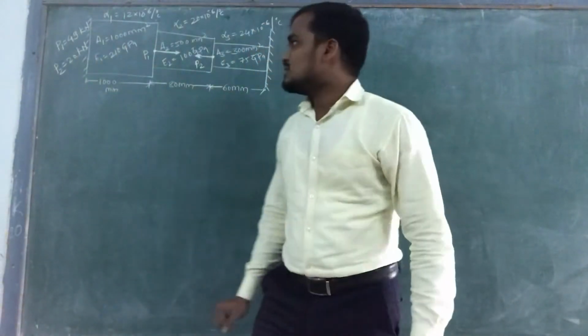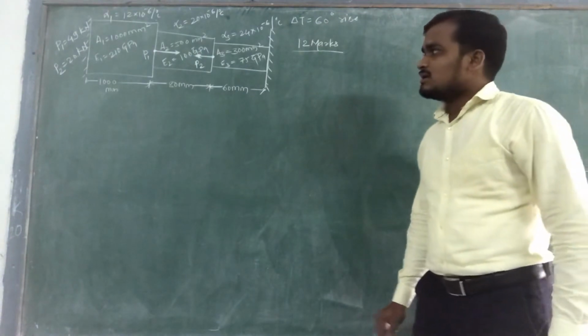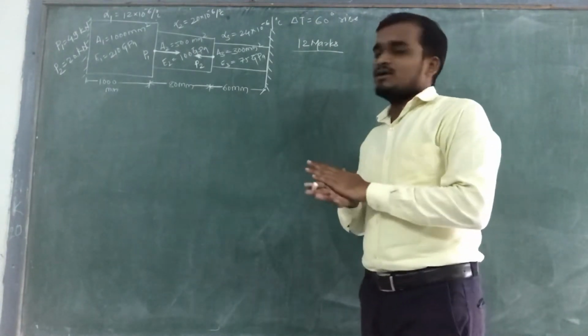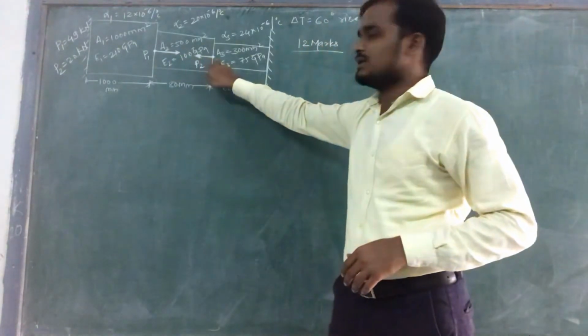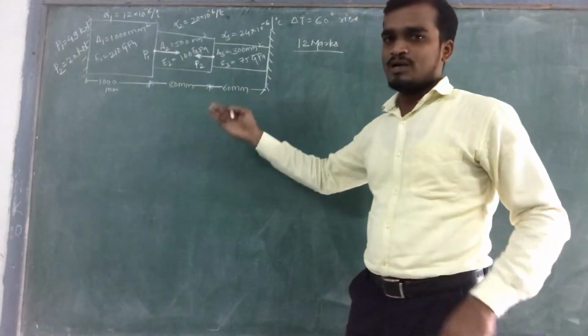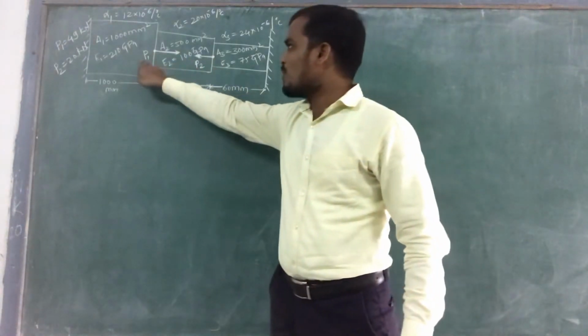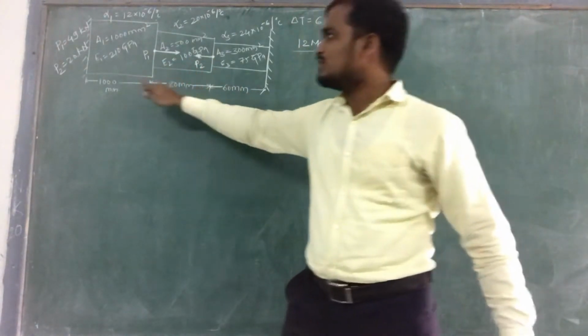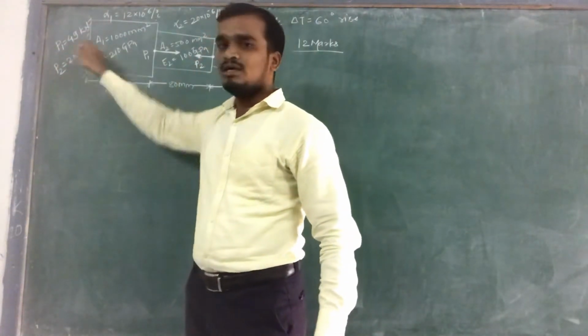In this example, we are asked to find the nodal displacements at node 2 and at node 3. The point load is acting at node 2 and at node 3, and the values of point loads P1 and P2 are also given: P1 is equal to 49 kN and P2 is equal to 20 kN.